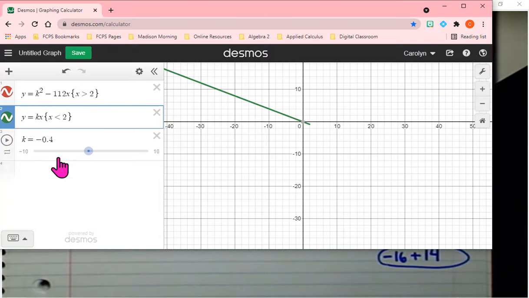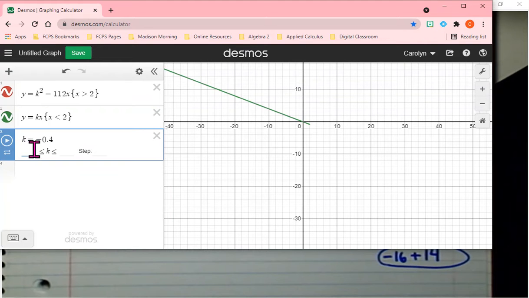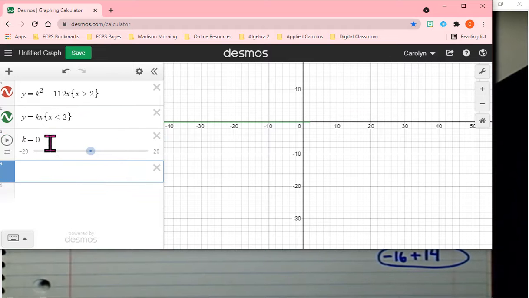So I'm going to come here and notice that the k values are supposed to be 16 and negative 14. I'm going to click here and go negative 20 to 20, and step by 1, which are integers. Oh, there's the other piece.